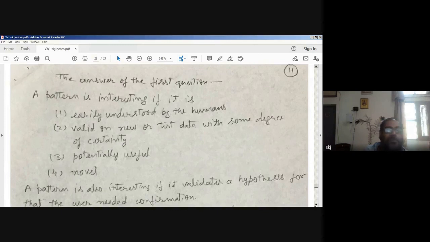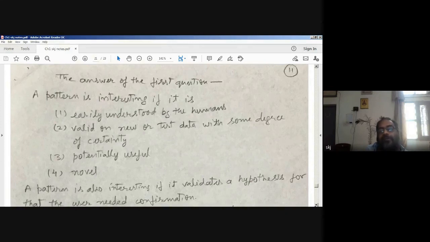We cannot ignore it because it is easy. We also take care whether it is useful, and how much it is useful. So if something is potentially useful, then we will always appreciate that pattern.